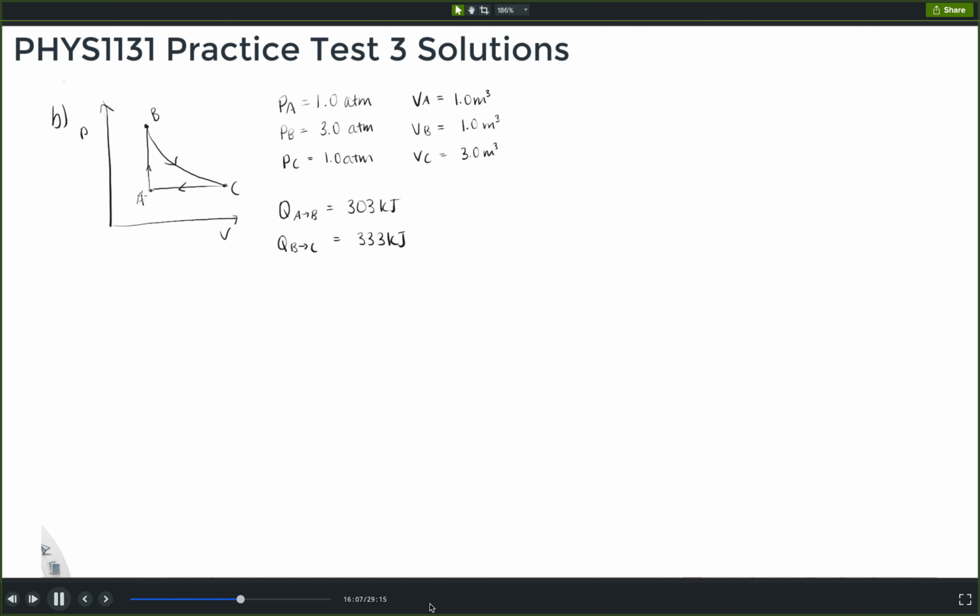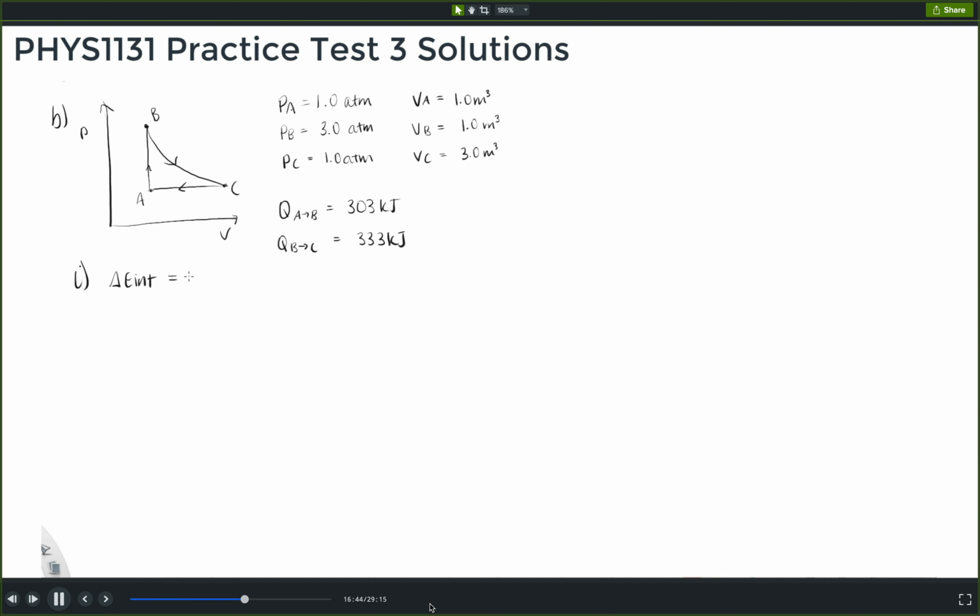While showing all of our reasoning, we need to calculate, in part I, the change in internal energy of the system as it goes from A to B. So we're asked about the change in internal energy. I will write this down as our equation.